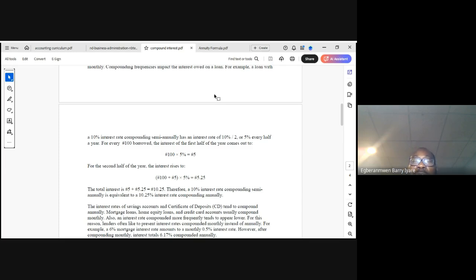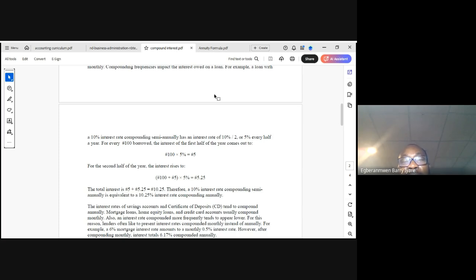Now, how do you calculate for the second half? Remember, I said compound interest. You calculate the interest for the first period, add it to the principal, and find the interest of that again. For the second half of the year, the principal was 100 naira plus the interest of 5 naira. That will give you 105 naira.